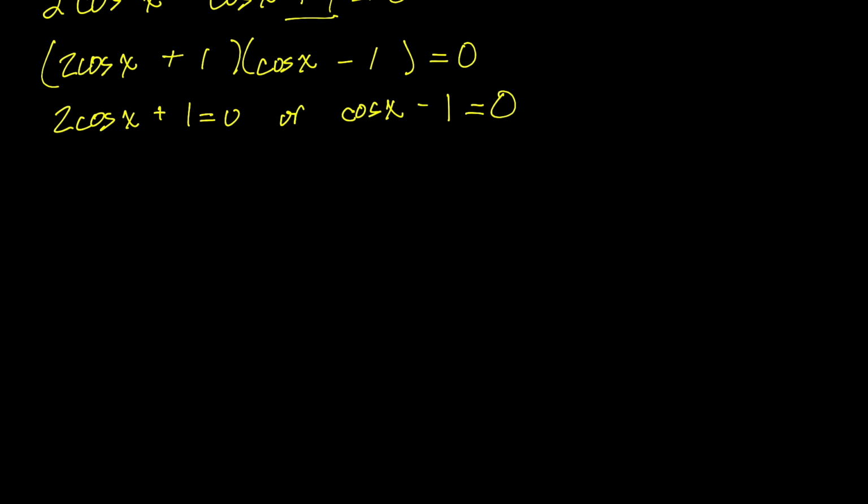And let's see, solving this for x, I have cosine of x equals negative 1/2. So that gives me what? X would have to equal pi. Now check that, make that 2 pi over 3, and then 4 pi over 3.